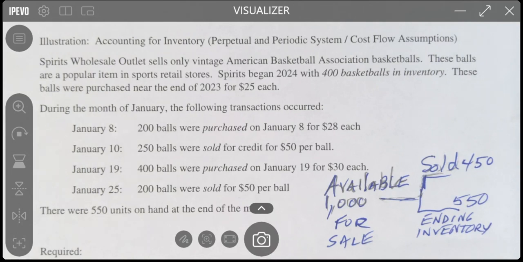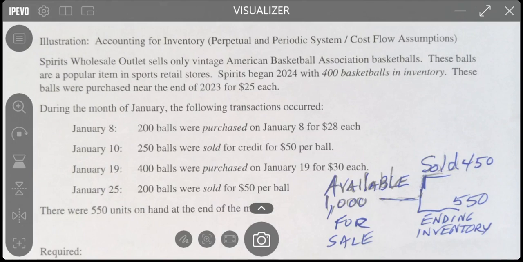So the disadvantage of the periodic system is that if you look in the ledger at any point in time, you're not going to know your inventory value. And you also won't know the cost of goods sold to date. But the advantage of the periodic system is that it's less expensive from an accounting viewpoint.